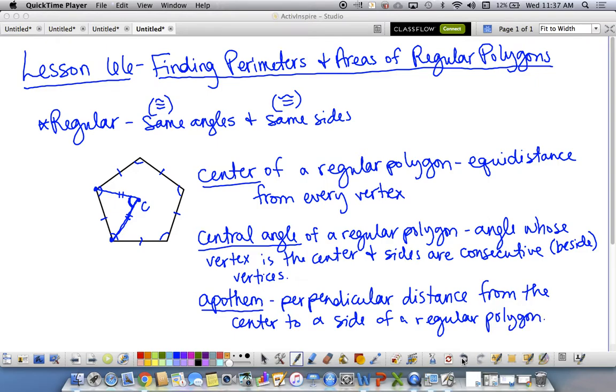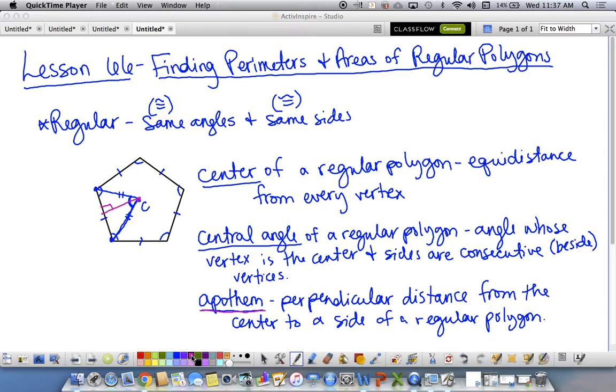I don't know if you've noticed yet, but regular polygon is kind of important in this lesson. We will not be finding these perimeters and areas if they're not regular polygons. So you may ask, what is an apothem? That's the perpendicular distance from the center to a side. So we have to go from the center to a side perpendicularly. That will be the apothem, or the height.